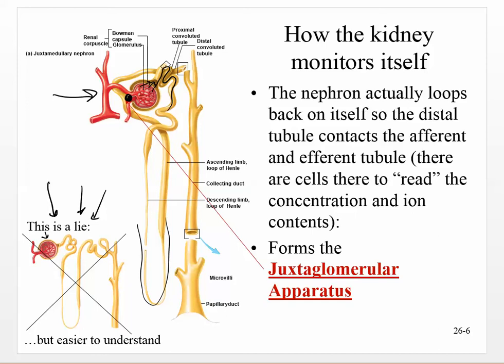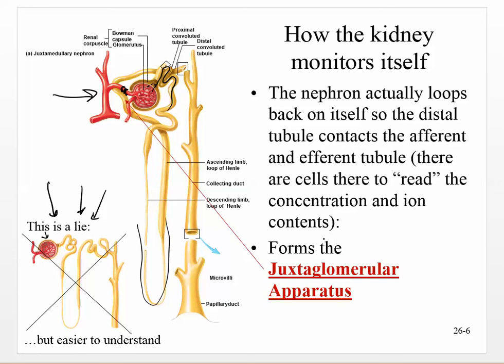And because they're right here with the afferent and efferent arterioles, they can say, we have too much sodium, we need to slow down our filtration rate. So they'll activate those smooth muscles and constrict this a little bit more, and they're going to slow the filtration. So this filtration is going to happen much more slowly, and that's going to allow more sodium to be reabsorbed.